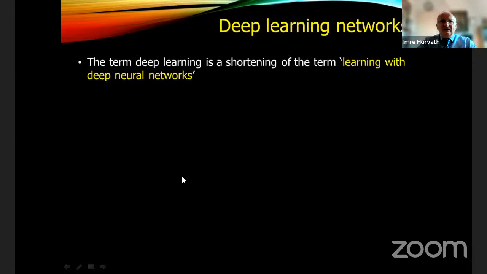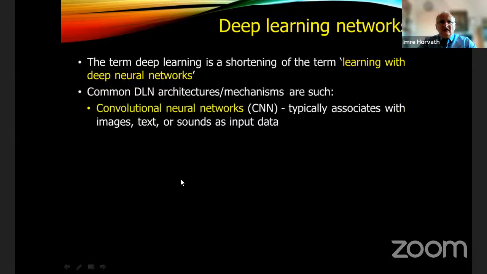The deep learning networks are represented by algorithms, as you heard from the gentleman in the movie, like the convolutional neural network, which, according to my view, is just a subset applied in the image processing field.